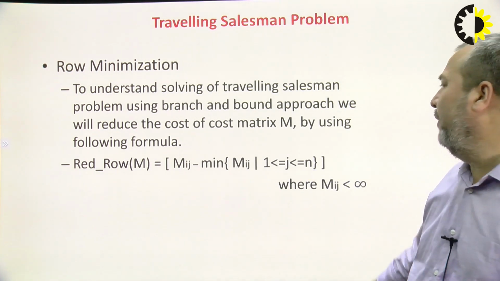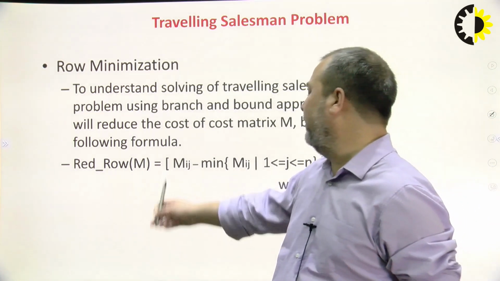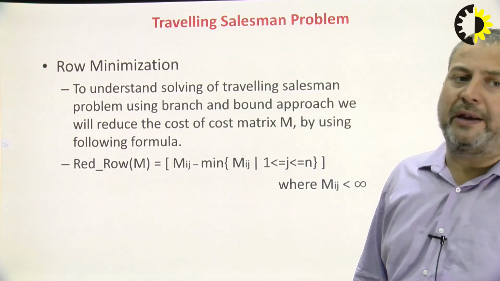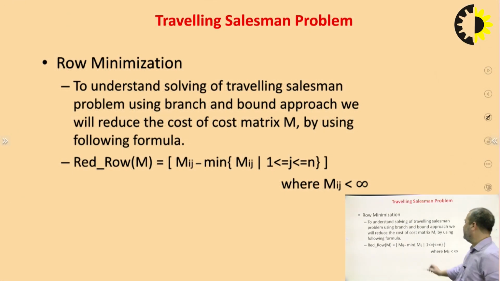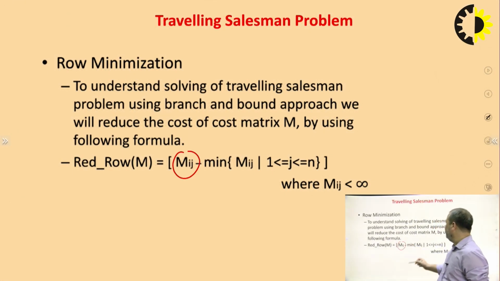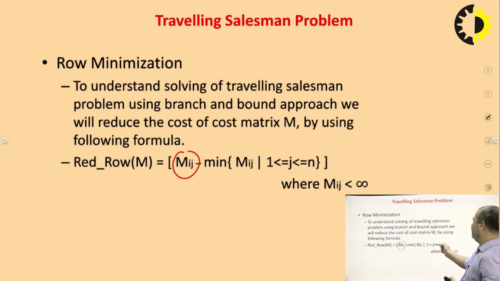So how will we reduce the entries? This formula we can use in rows and columns everywhere. Reduced row equals Mij, where Mij is the ith row, jth column entry, minus the minimum Mij. In the row, the minimum will be found, and every element of that particular row will be subtracted by it.